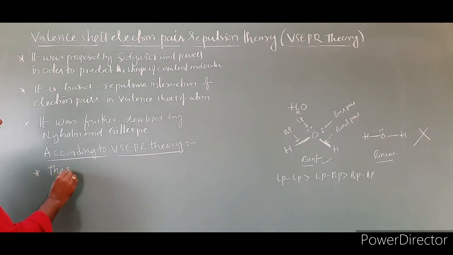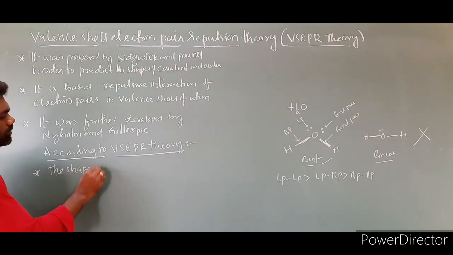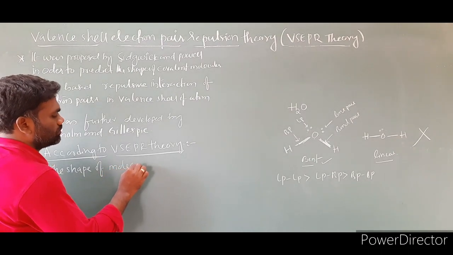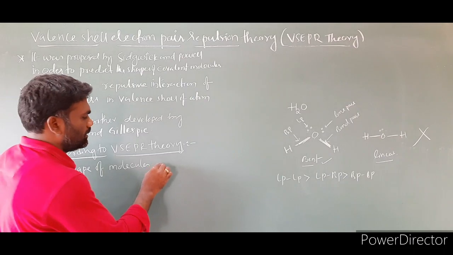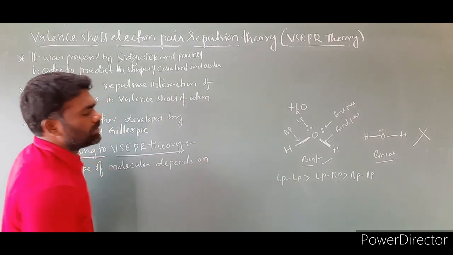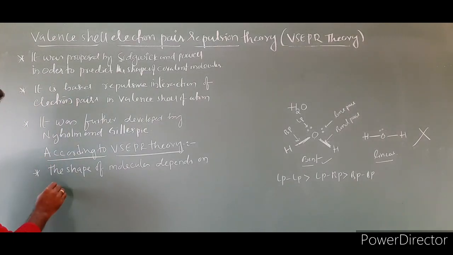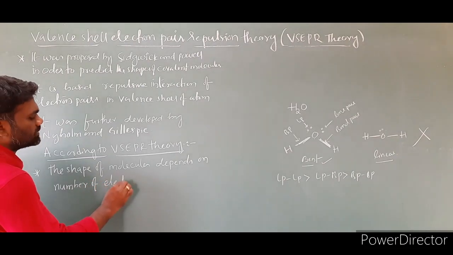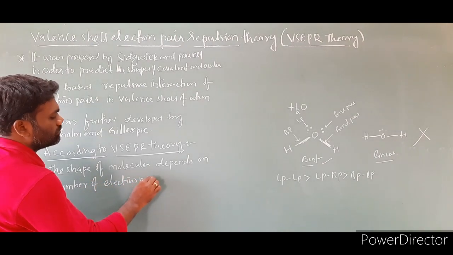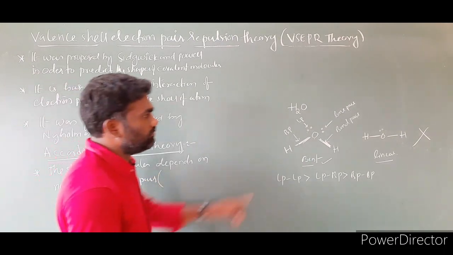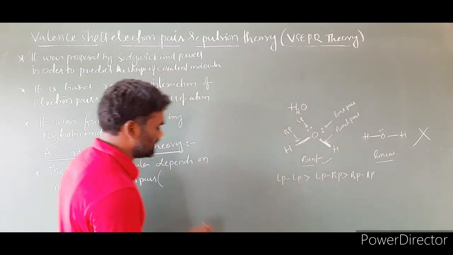Point number 1. The shape of the molecule depends on the number of electron pairs; these may be bond pairs or lone pairs.